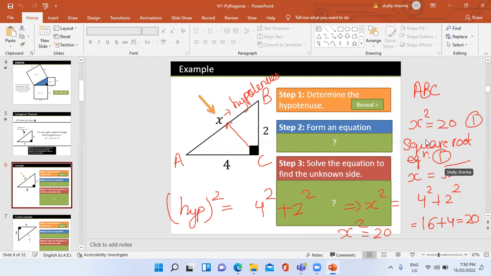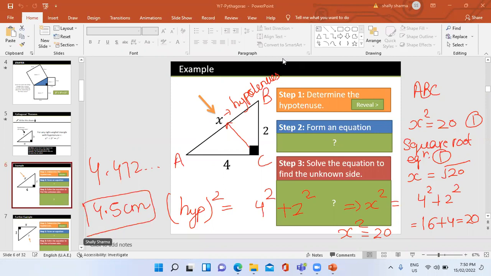And square root of 20 is something around, give me a minute, let me calculate. It's going to be 4.472 dot dot dot. If we have to give our answer, we can write 4.5 centimeters.